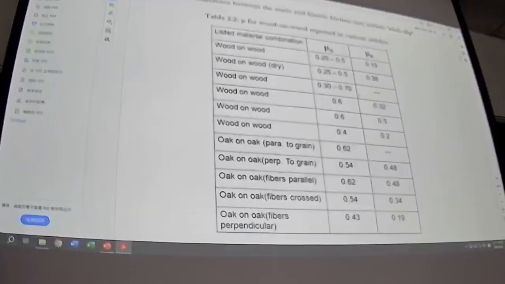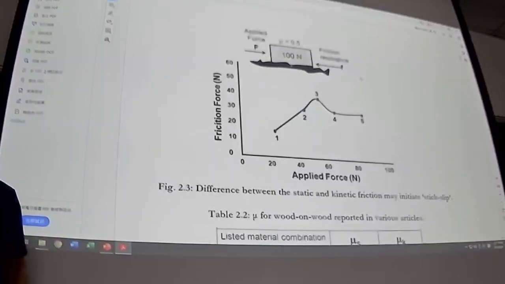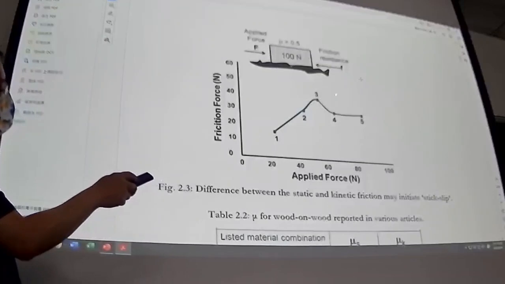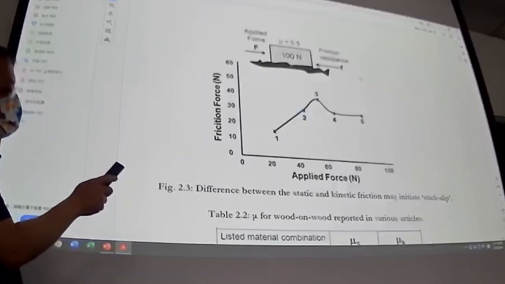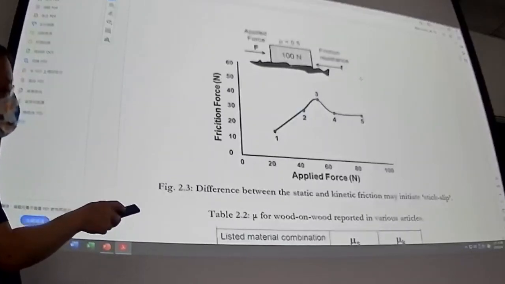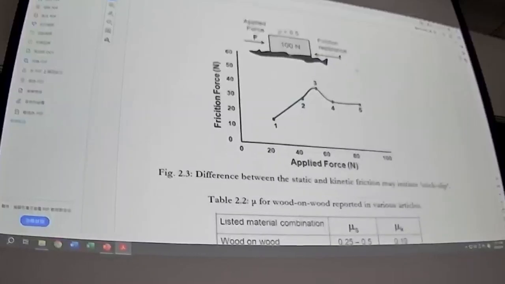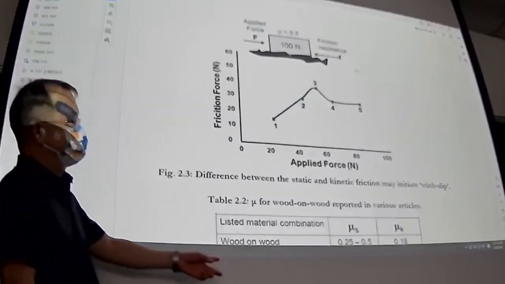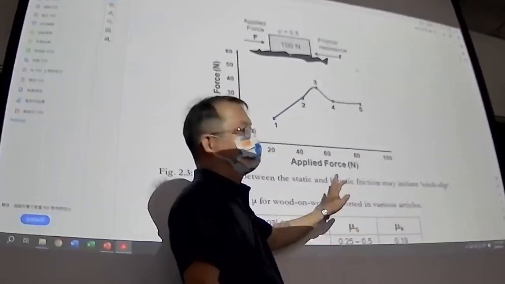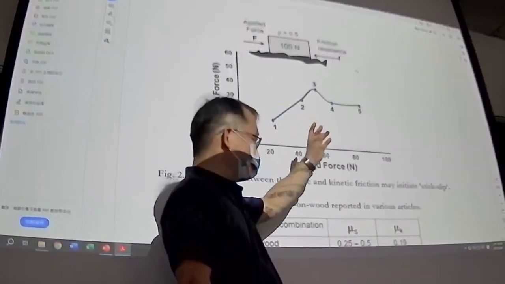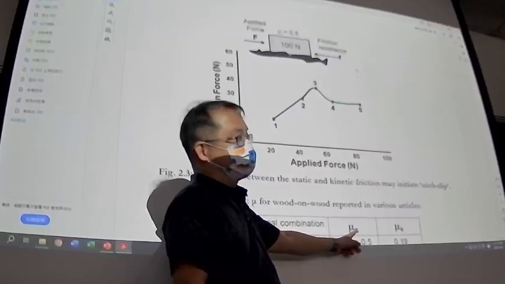This is something you know by experiment. At point number 3, you have the highest coefficient of friction, which is the static coefficient of friction. The notation mentioned above is all static coefficient of friction.